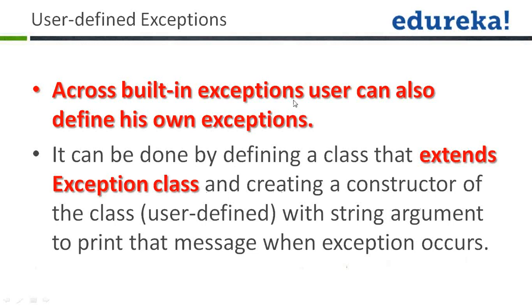You understood that you can define your own exception by extending the Exception class. But what does this mean: creating a constructor of the user defined class with a string argument to print that message when the exception occurs? Can any one of you tell me why string arguments? Everyone please write on the chat window.